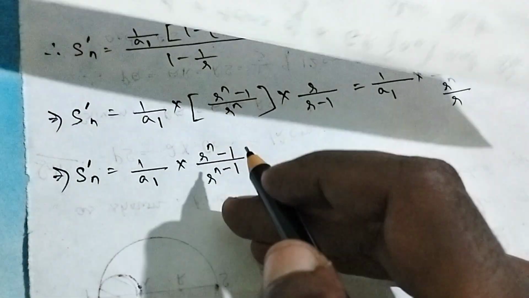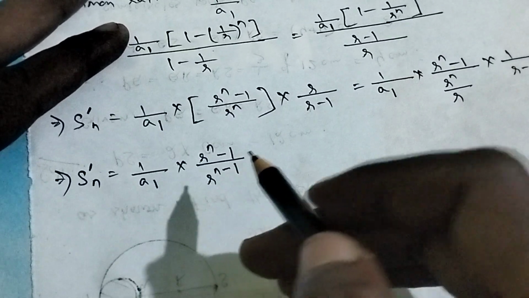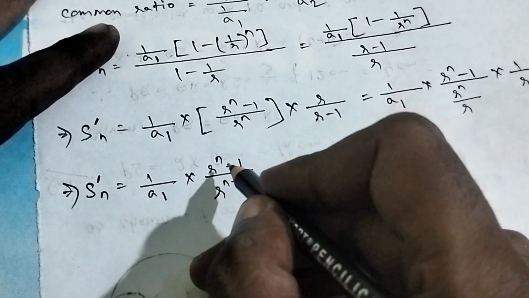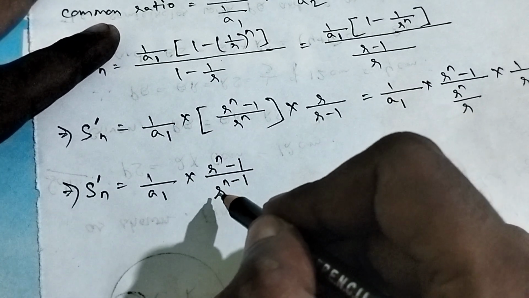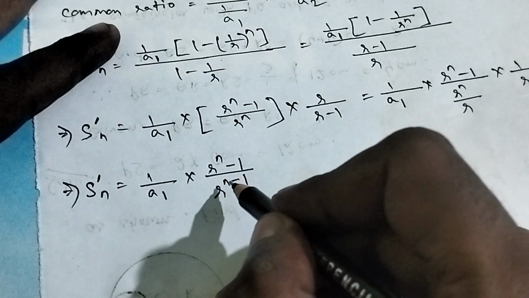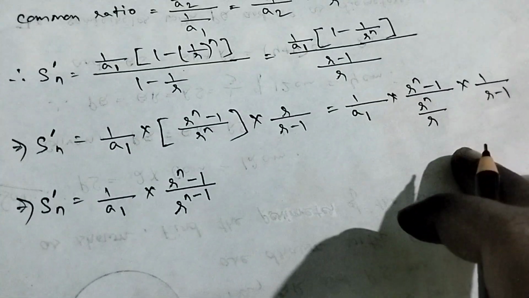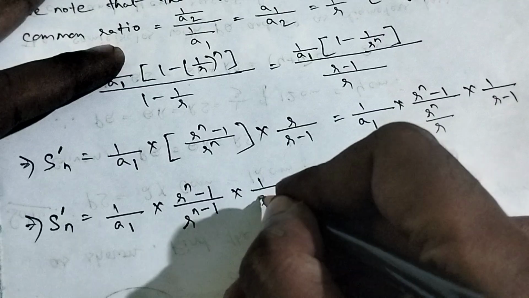The difference is, here the power is only r to the power n minus 1, and here the power is r to the power n minus 1 is itself the power of r. Clear? Into 1 by r minus 1.